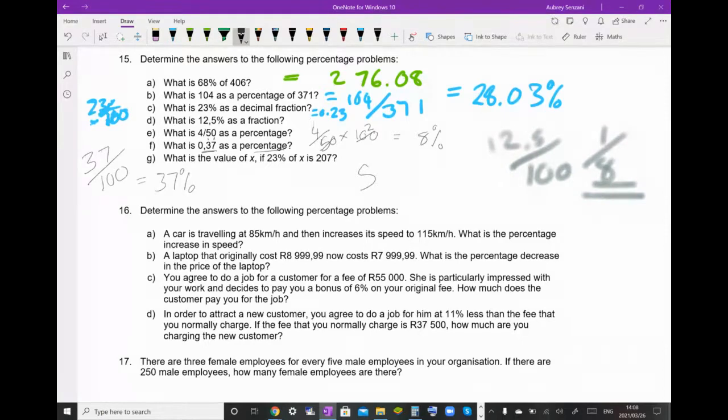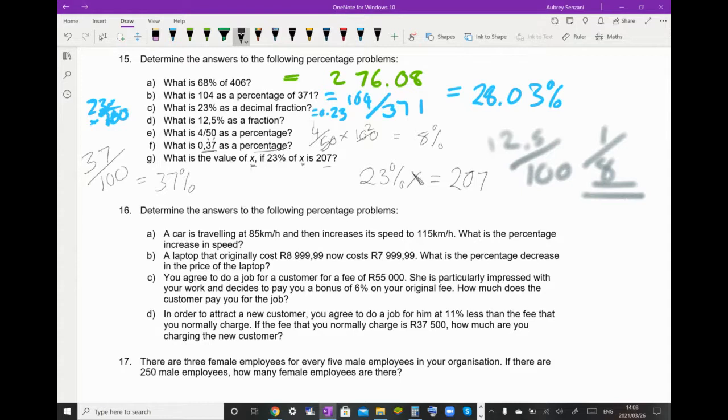Then the last one for 15 says, what is the value of x if 23% of x is 207? Here you're going to use proportion. We're saying 23% of x is equal to 207.